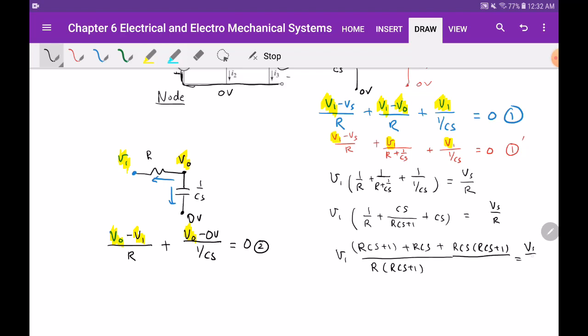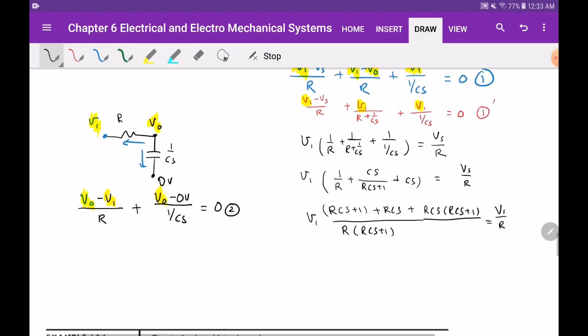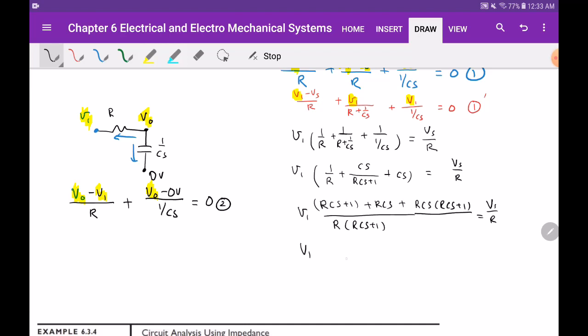Let me check one more time. Yes. And the third one is yes. So now let me simplify one more. RC squared S squared plus RCS, 3 of them, so 3RCS plus 1, over R times (RCS plus 1), equals Vs over R.